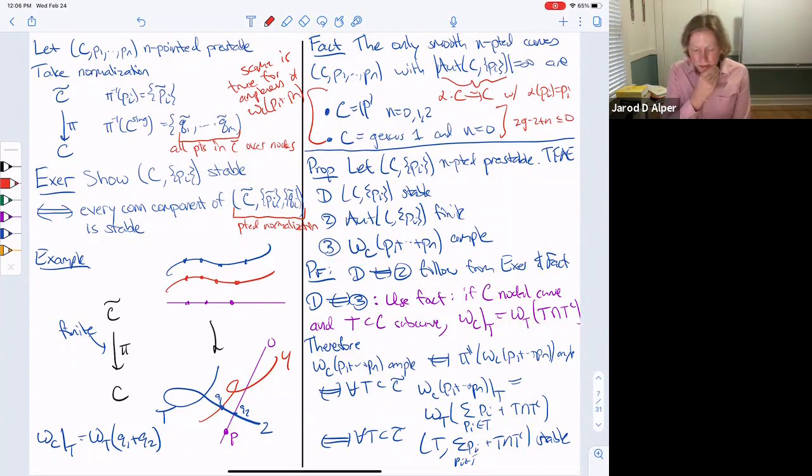The case of smooth curves is sort of the nicest, where we have really three ways to think about stability.